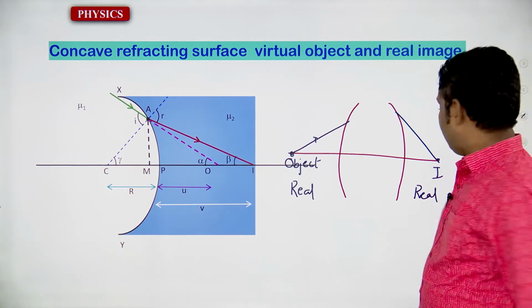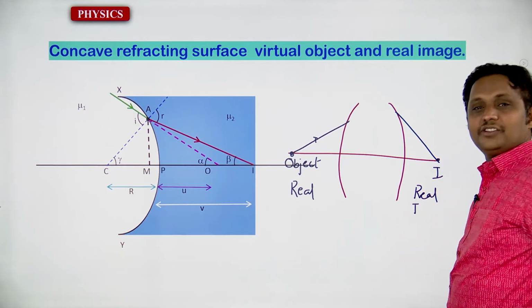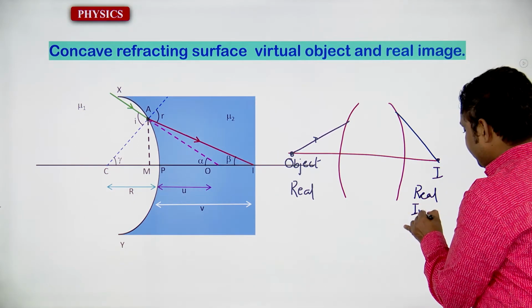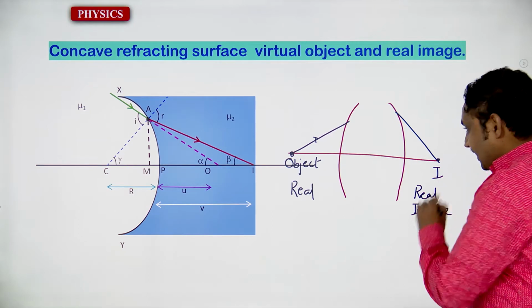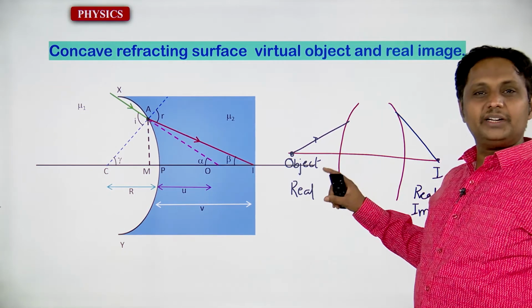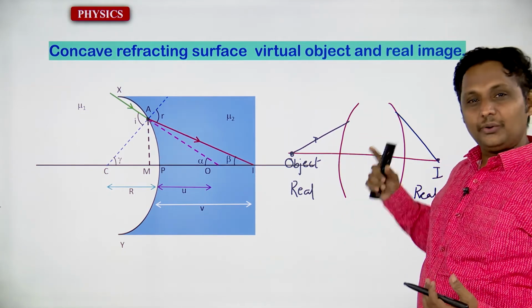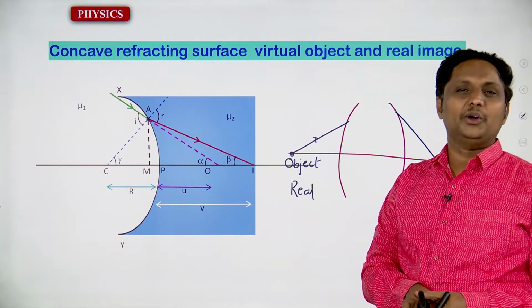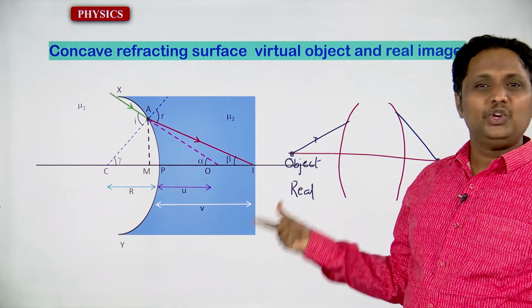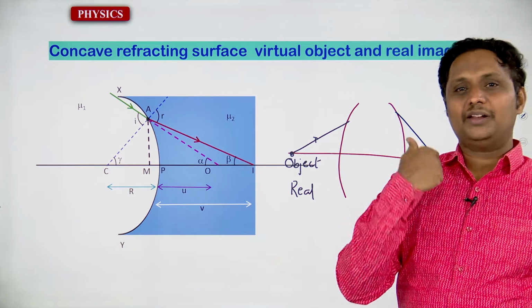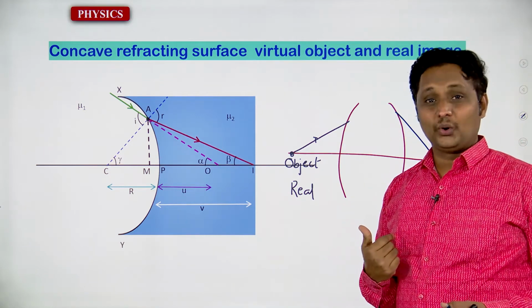Are you getting this? This is the real image, you have to confirm this one. If their positions are in a wrong place, any inappropriate positions, they are going to be virtual images. Say yes or no, all right.